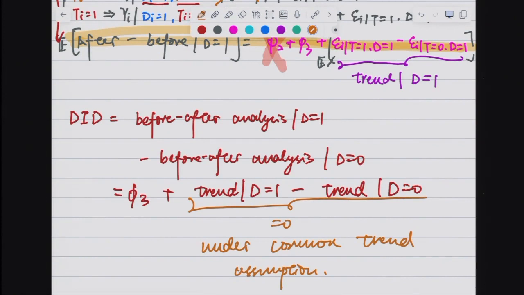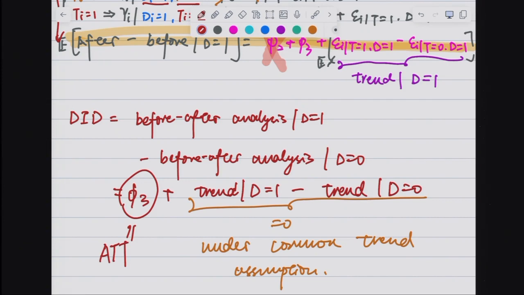So we're done, okay? Under this assumption, essentially phi3 is equal to DID, which basically makes it the same as ATT. So given that we have common trend, then the causal model satisfies OR.